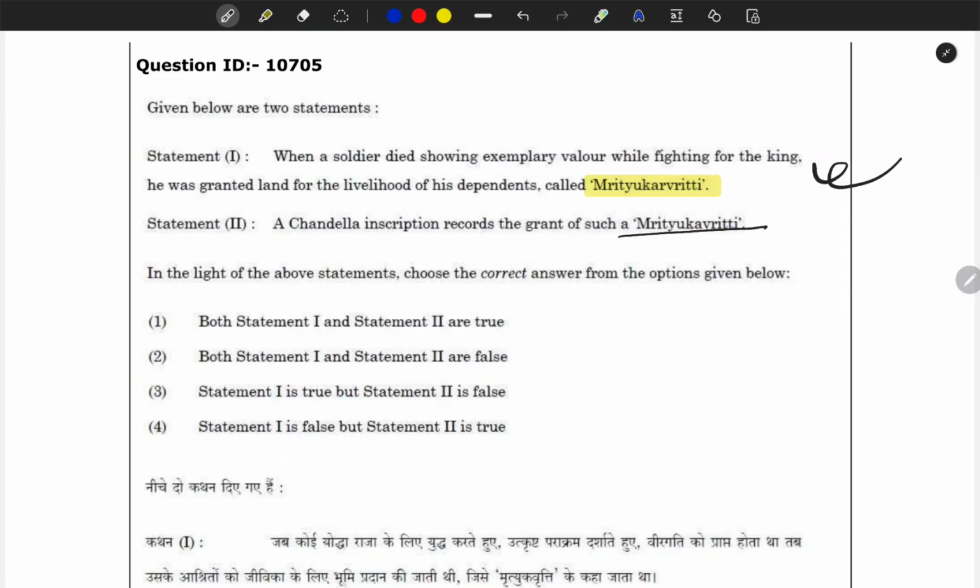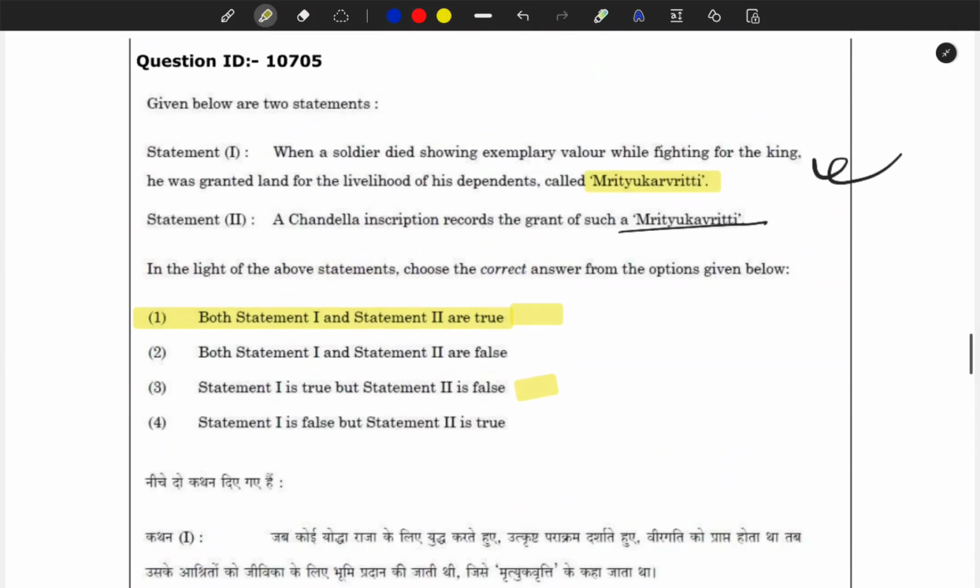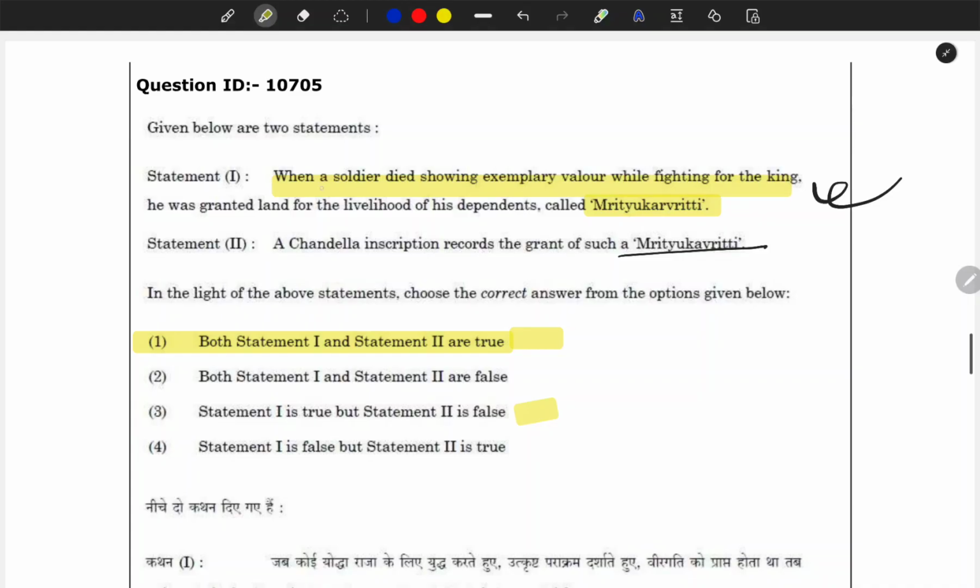Whether they have inscriptions on that or not, I was not sure. So I would have been playing 50-50 between statement 1 being true and this one, but the correct option is that both statements are true. And you can see that it doesn't seem like a correct statement just by reading.